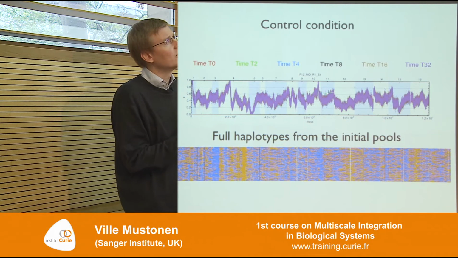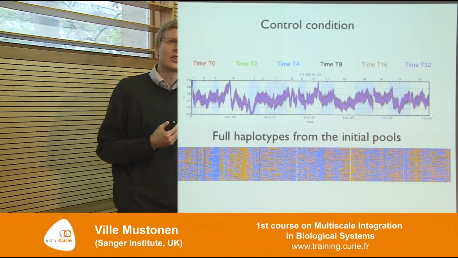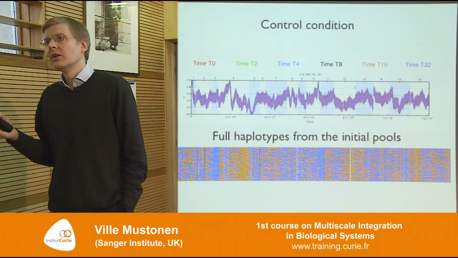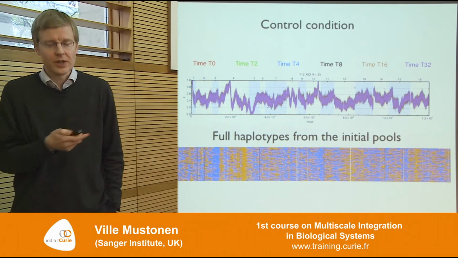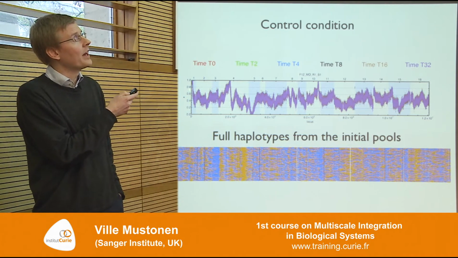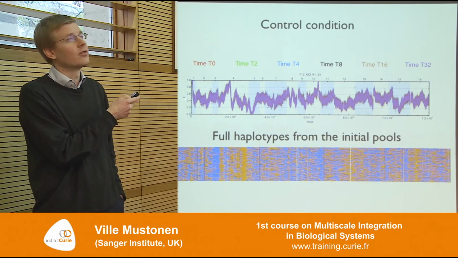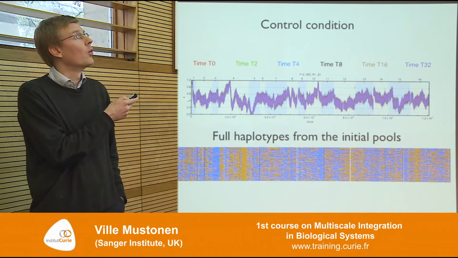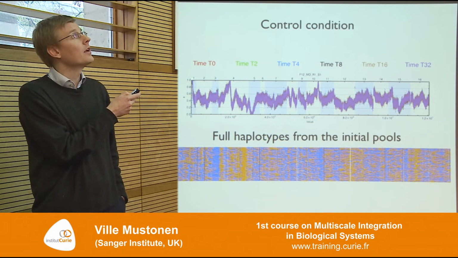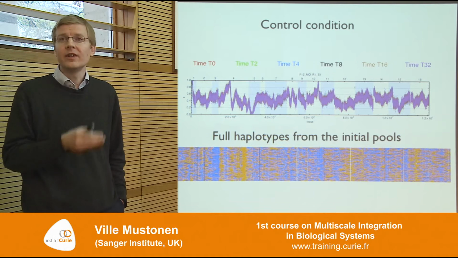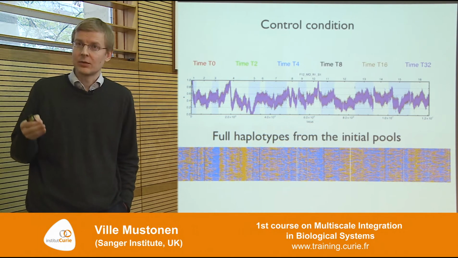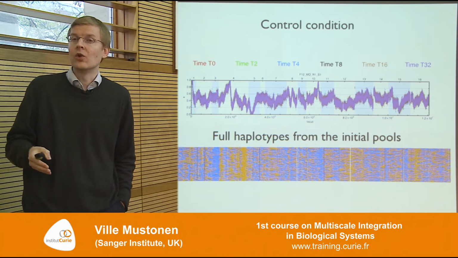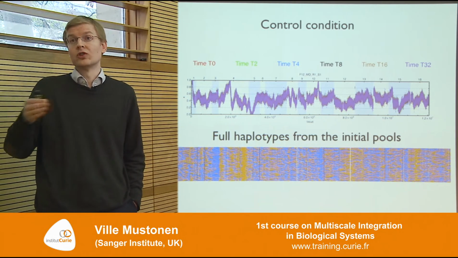The first thing that you notice is that this line is not actually at 0.5. The y-axis is counting the fraction of one of the parents, here the fraction of the West African allele. When it's at 1, it means that at that locus every individual in the population carries the West African allele. When it's 0, every individual carries the North American allele. Those are the 2 options that you have.